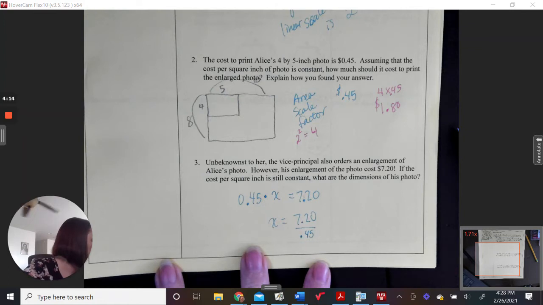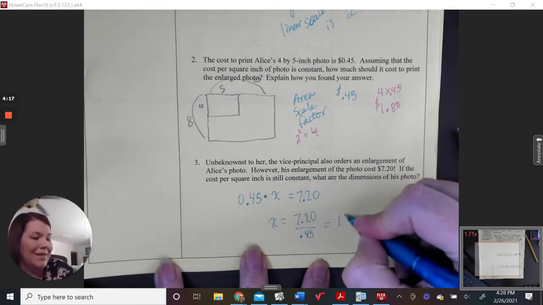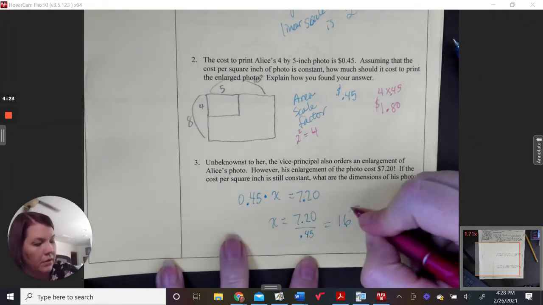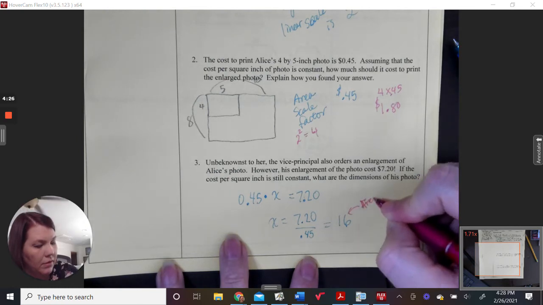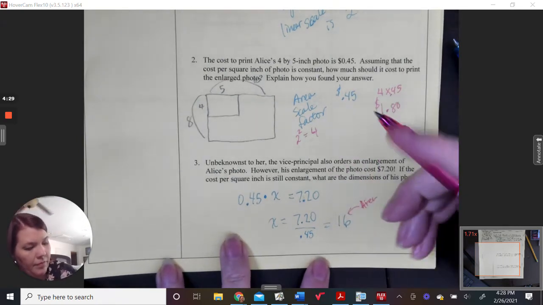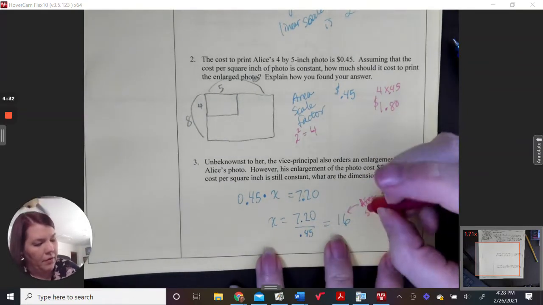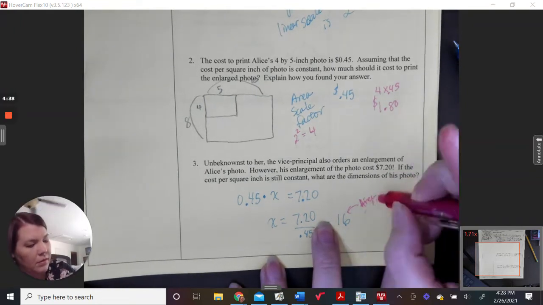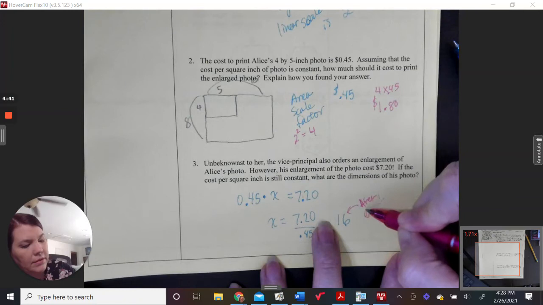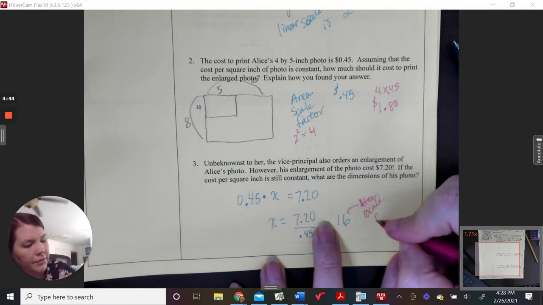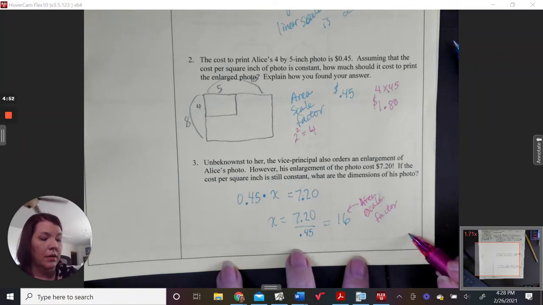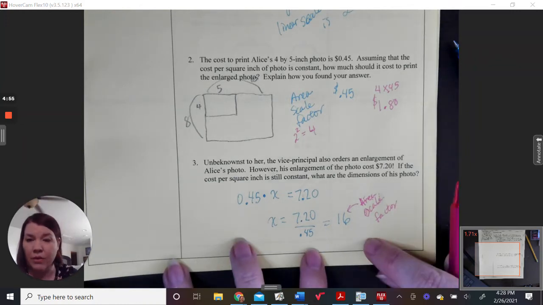That is 16. So my area scale factor is 16. So what are the dimensions of my photo? To get from the linear scale factor to the area scale factor, I squared.